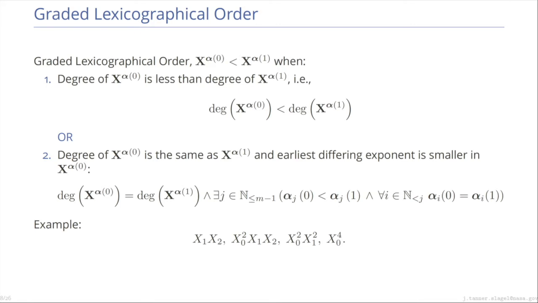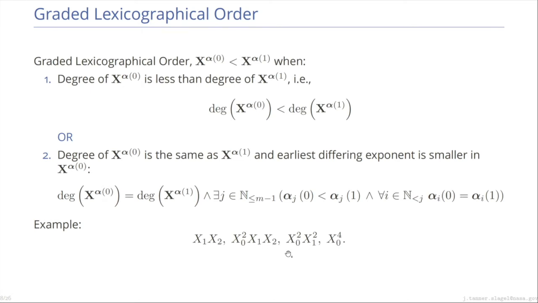So here's an illustrative example. You have these four monomials. They are in graded lexicographical order. You'll notice that this first monomial has degree 2. Therefore, it is less than the rest of these three monomials because each one of them has degree 4.